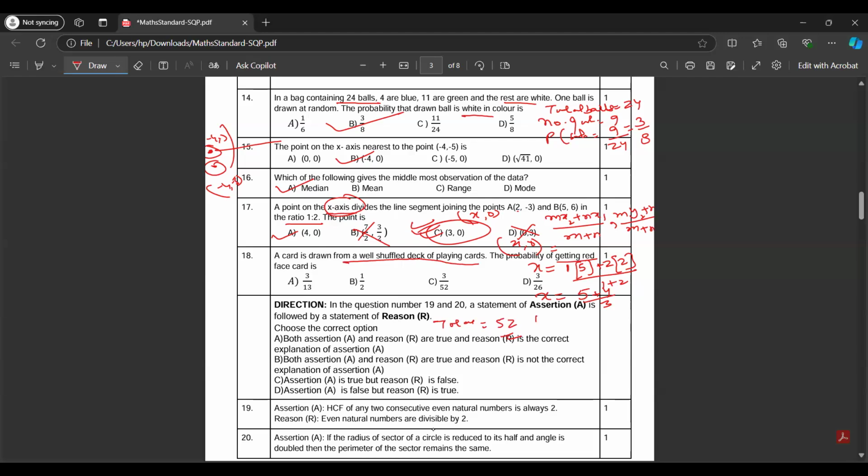See, 1 king is there, 1 queen is there, and 1 jack is there, right? Okay. So 2 red and 2 black. So 2 kings are there of red color, 2 queens are there, so 6 by 52. Now solve it. 2 3s are 6, 3 2s are 6.